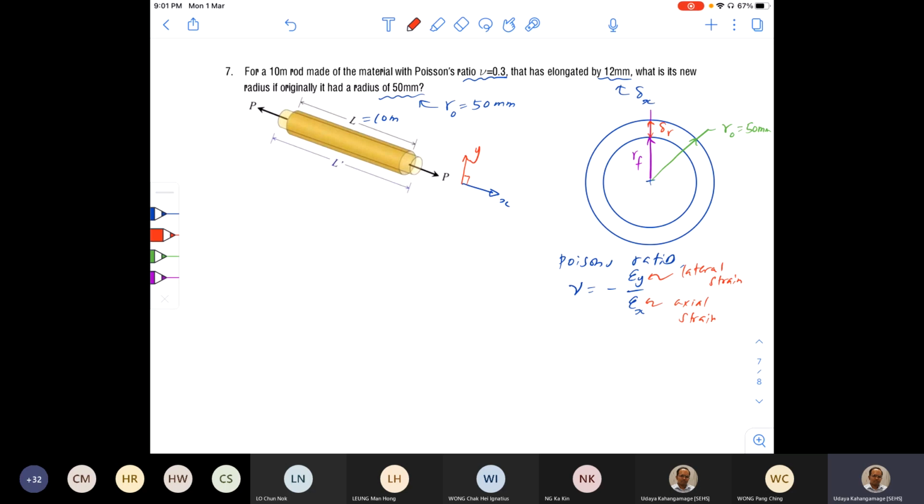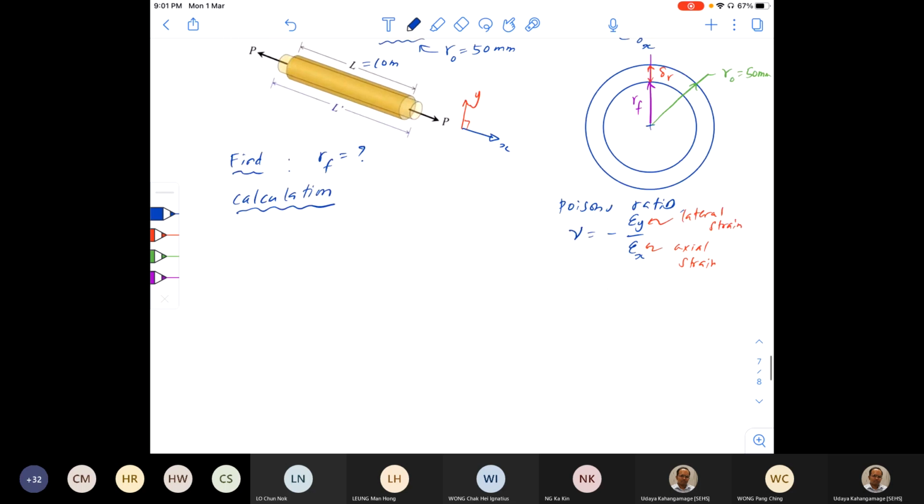Right. Okay, so let's start. We have to find R F. This is the value that we are going to find out. Let's do the calculation. First, we need to find the axial strain, epsilon x.